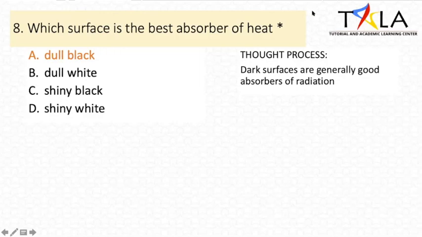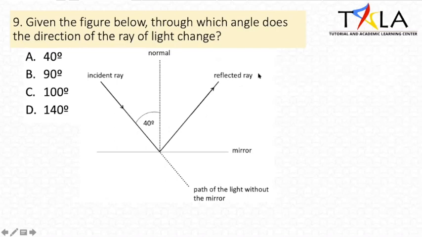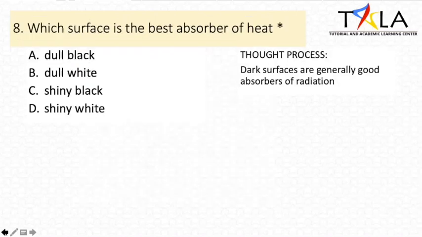Magre-reflect. Magre-reflect lang po. Very good. Although may ma-absorb pa rin siya na heat, pero it's not as absorptive as dull black. Kasi pag shiny, meron pa rin siyang nare-reflect na radiation somehow. Okay? Let's move on to number 9.